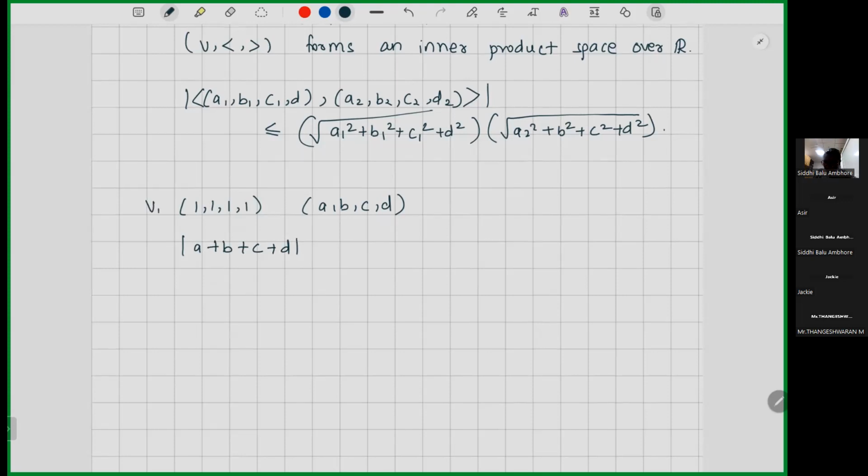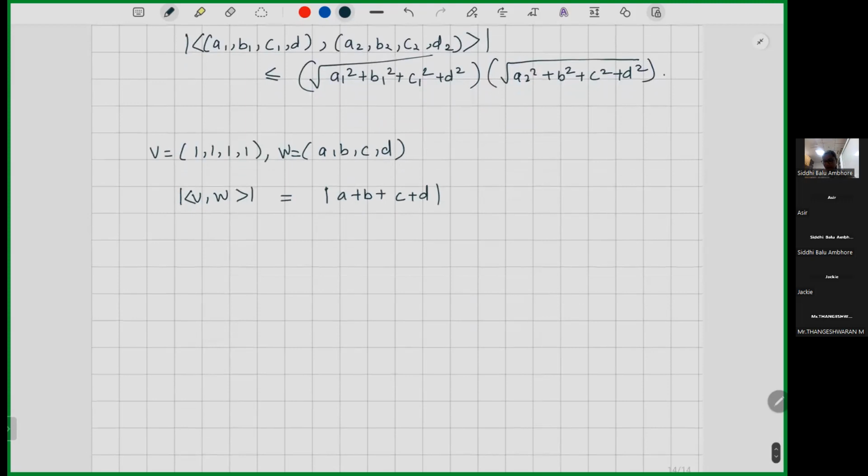If I take this to be V1, this to be V2, then let me take W, and the inner product of V and W will be just A plus B plus C plus D, right? And this is anyway given to be 1. And what is norm of V into norm of W?